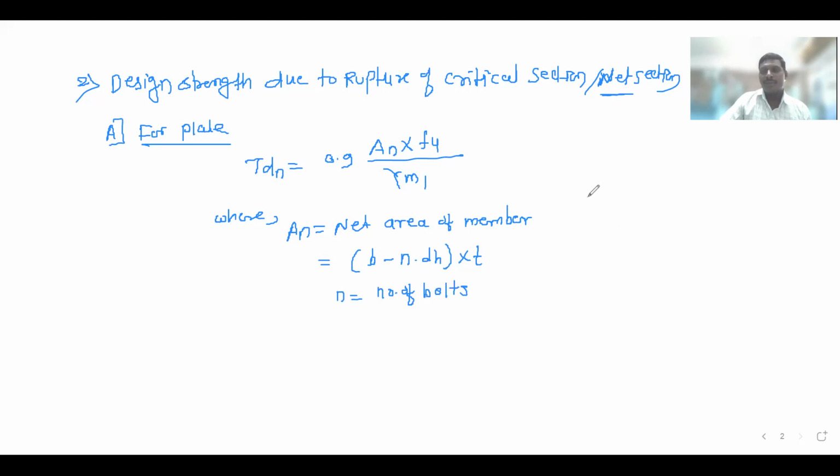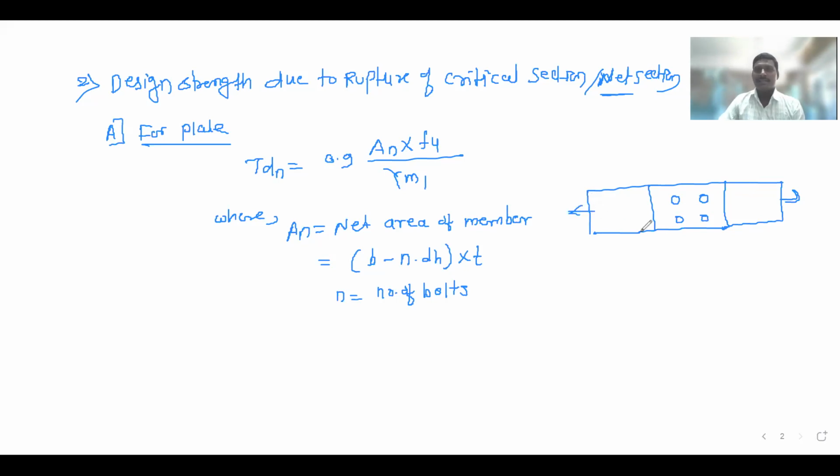See, if these are the two plates we have connected, this is the width of the plate b, and this is the thickness of the plate t. So width into thickness is the area. A_n is the net area. So area is equal to what? b into t is the area.